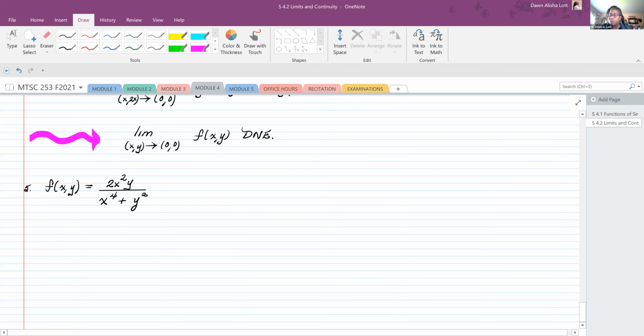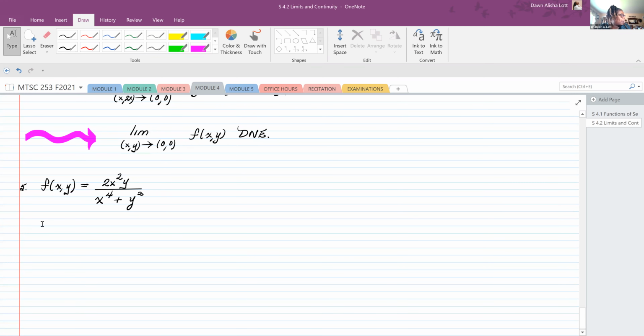So if I do the limit along the x-axis, y is equal to 0.